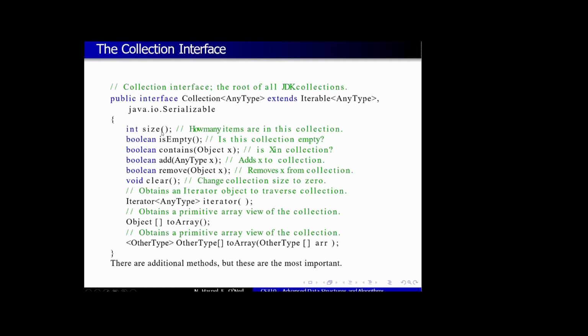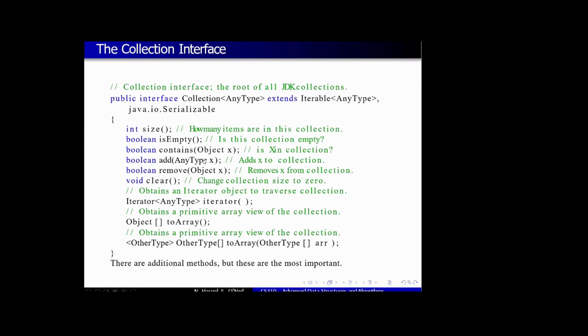So what do we get? We have the size, just how many items, whether it's empty or not, whether it contains a particular object. That should be a lowercase x. Now you notice that that's not the generic type, it's object. That means you can ask for an object of a different type.